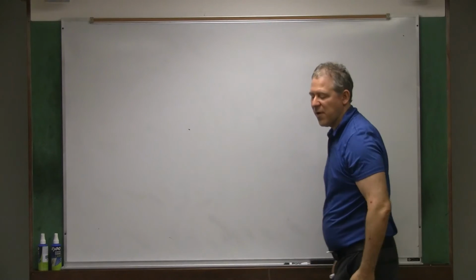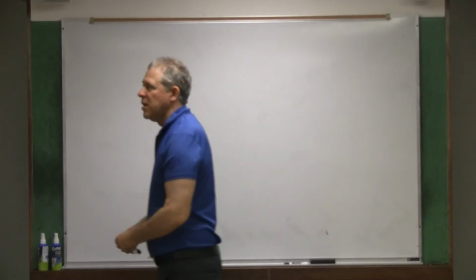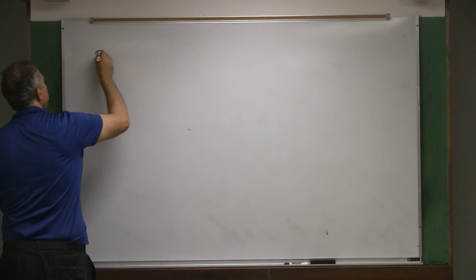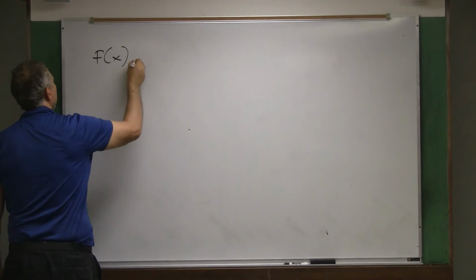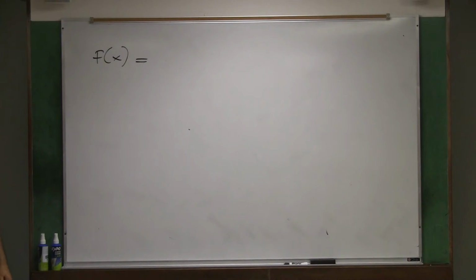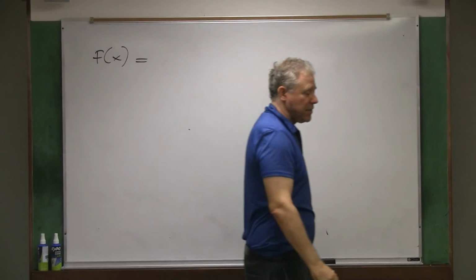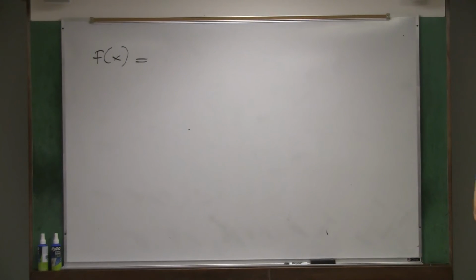We're going to do the following, okay? So let's assume that our nice functions, like sine x and cosine x and e to the x, these functions that you've been working with, can be written as a power series.